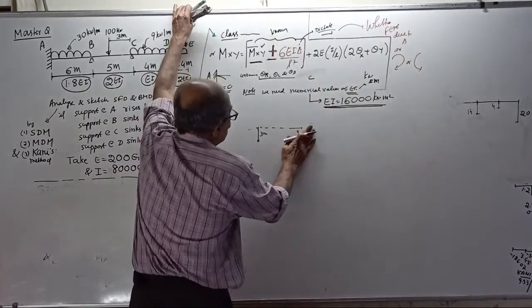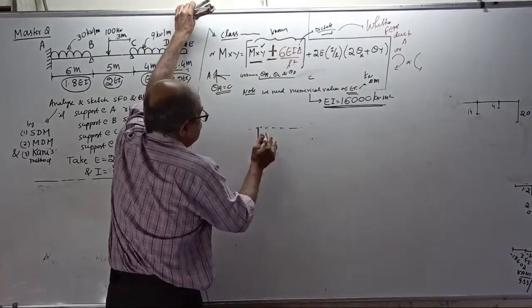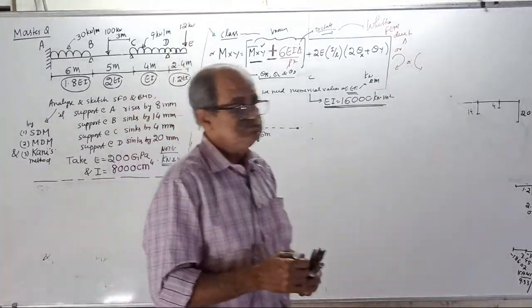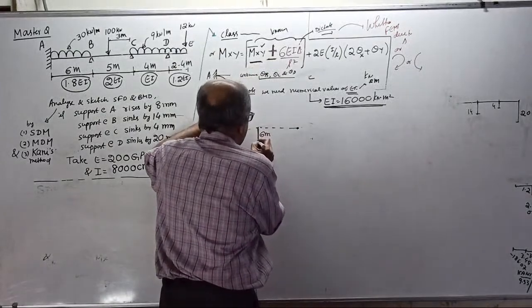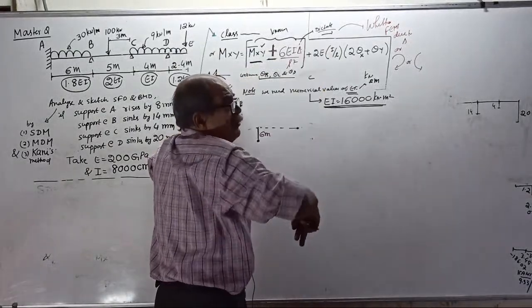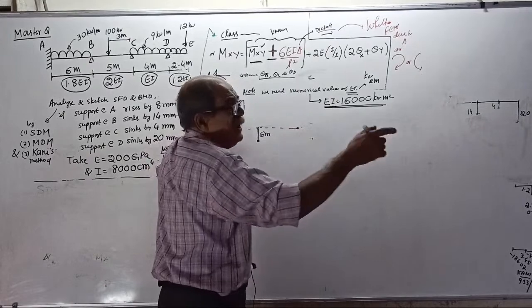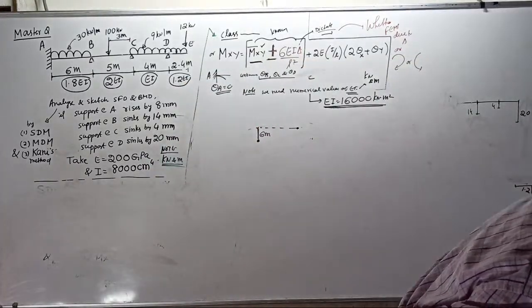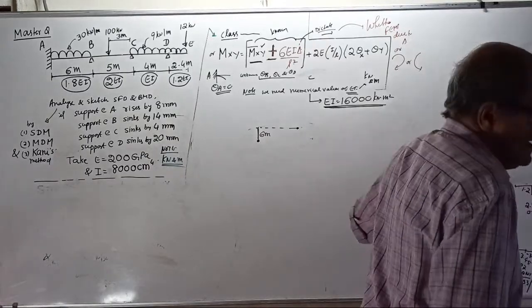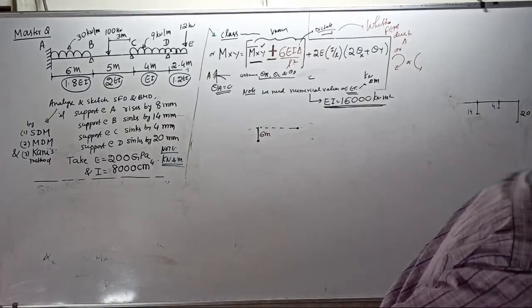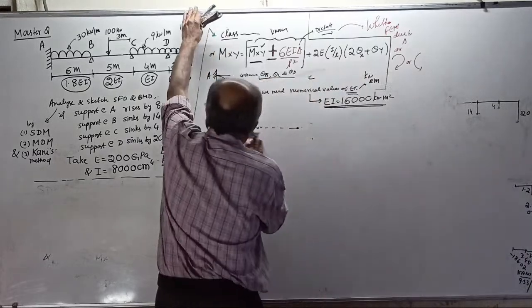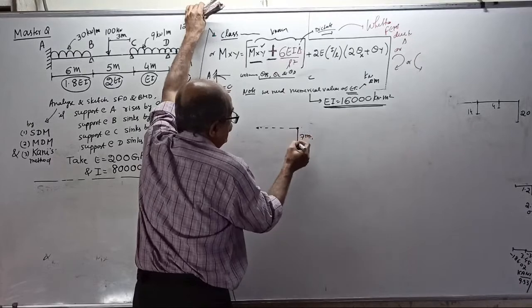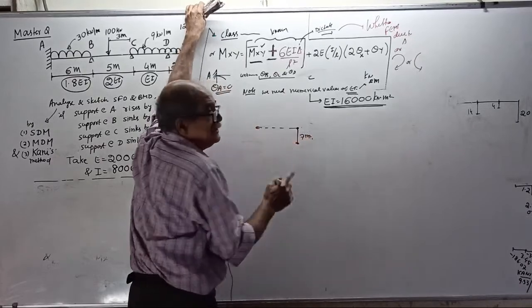Now, suppose this end sinks by 6 mm and that end is not sinking. Delta is the vertical displacement of one end with respect to the other for beams. So delta is 6 mm. Or suppose this is not sinking and that sinks by 7 mm; delta from here to here is 7 mm.